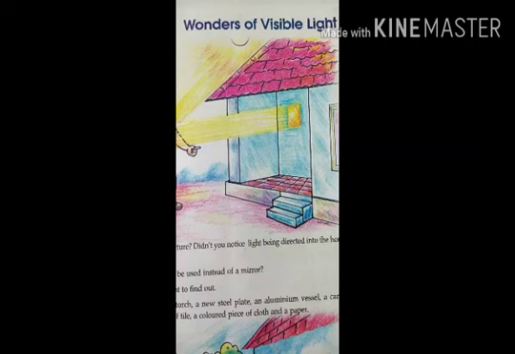Then, uses of lenses. It is used as a magnifying lens and to rectify eye defects. Short sight, or myopia, is rectified using a concave lens.